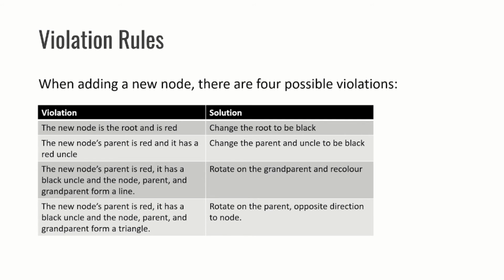Now, if the new node's parent is red, it has a black uncle, and the node, parent, and grandparent form a line, what we do is we rotate on the grandparent and recolor. If the new node's parent is red, it has a black uncle, and the node, parent, and grandparent form a triangle, we rotate on the parent in the opposite direction to the node. You're going to see those in the next example.